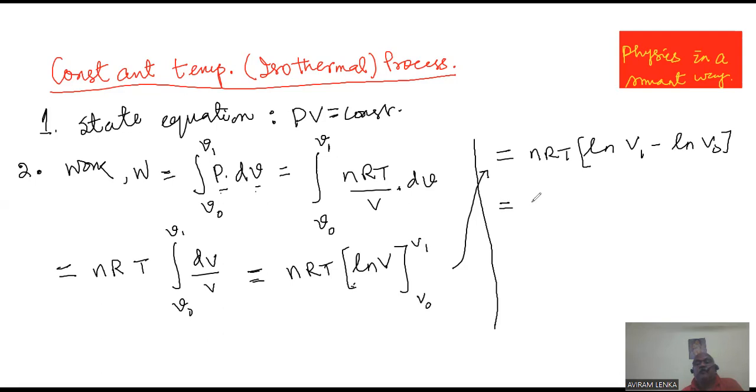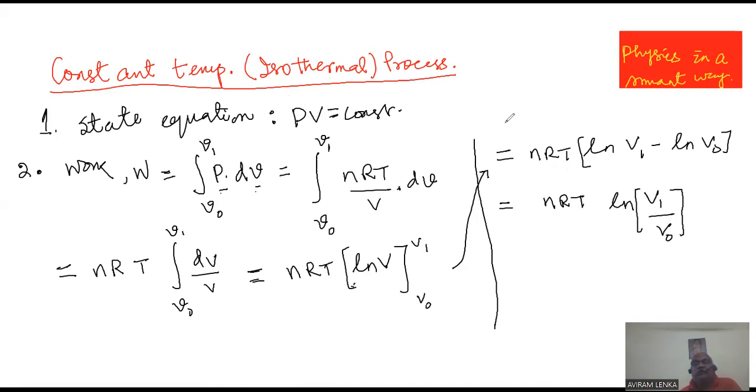Some formulas do exist. If we have ln A minus ln B, then that can be expressed as ln A by B. So that is nRT into ln V1 by V0. That is the value of the work done. Once you have covered this, it is nRT ln V1 by V0.